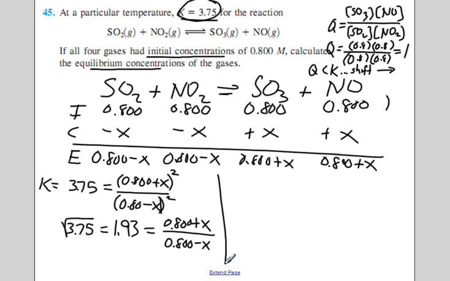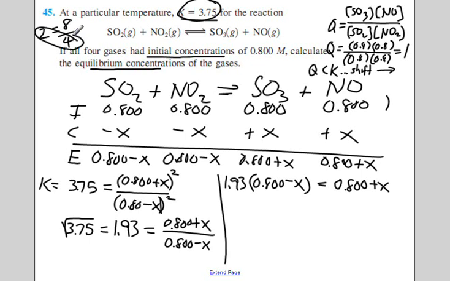Now you're going to multiply the 1.93 by the denominator, 0.8 minus x, and that's going to equal the numerator, 0.8 plus x. Okay? If you're wondering why that's true, just think about this, that 2 equals 8 divided by 4, so 2 times 4 has to give me 8.